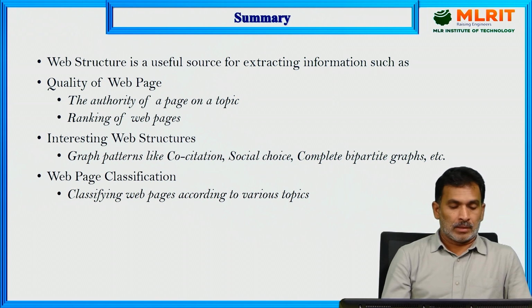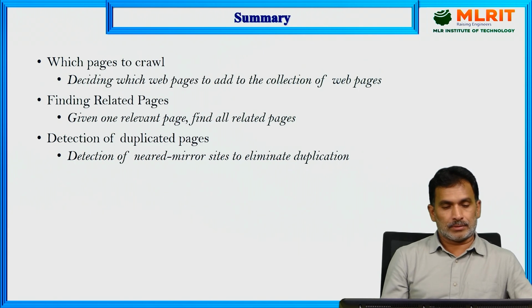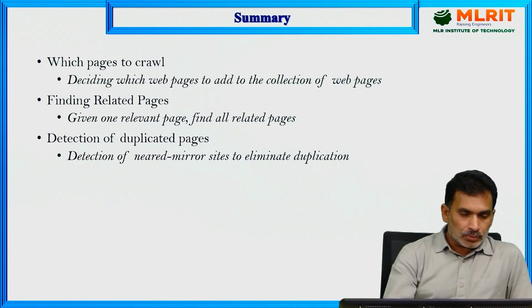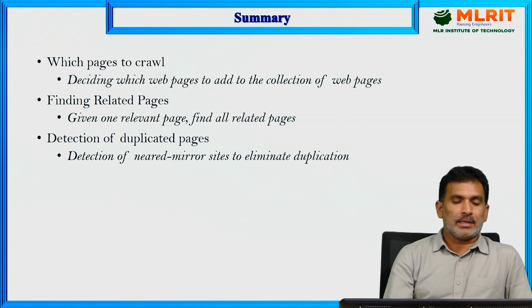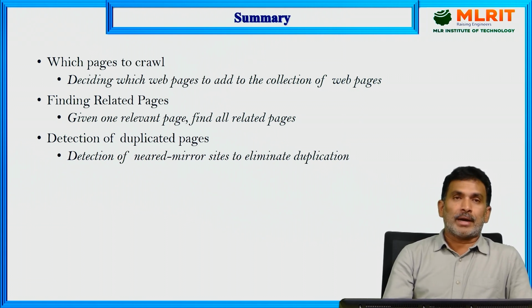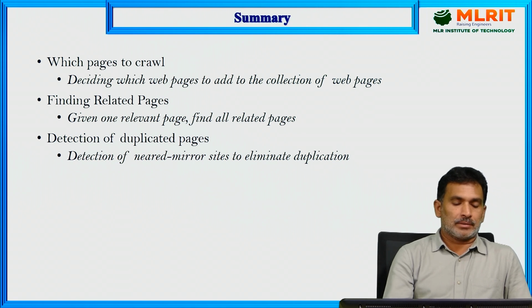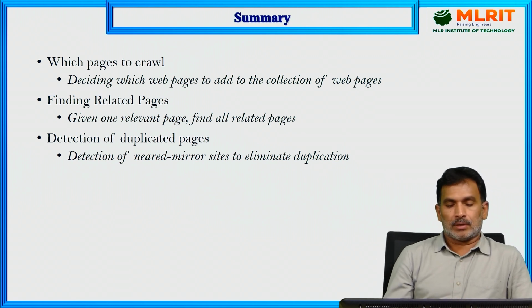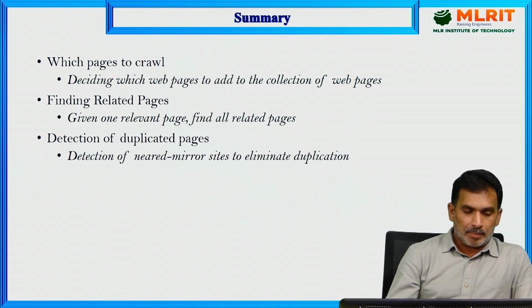Also web page classification, that is classifying web pages according to various topics. Within the pages to crawl, deciding which pages to add to the collection of web pages, and finding related pages: given one relevant page, find all the related pages.